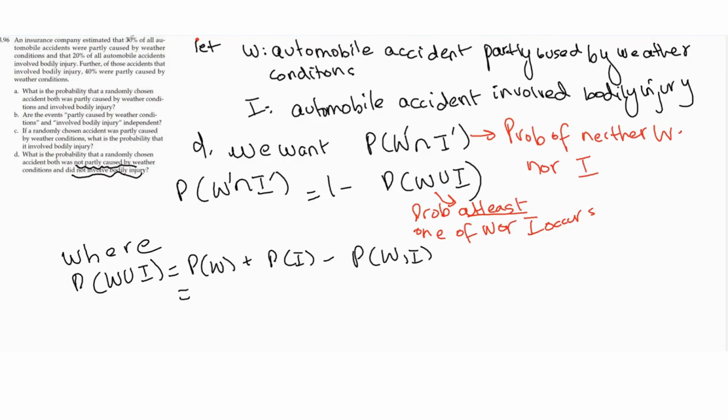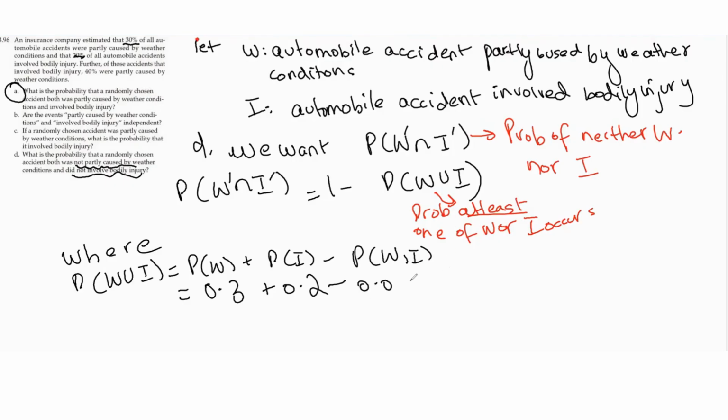An insurance company estimates that 30% of all automobile accidents were partly caused by weather conditions. And probability of I is given to us: 20% of all automobile accidents involve bodily injury. Then we subtract the probability of W and I, which we found in part A: the probability that the randomly chosen accident was both partly caused by weather conditions and involved bodily injury.